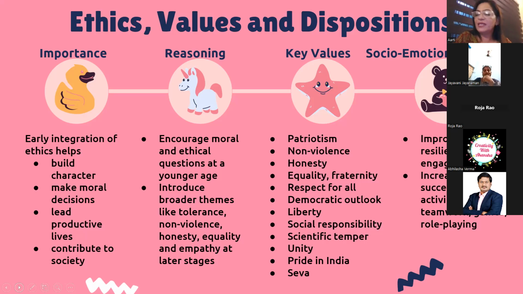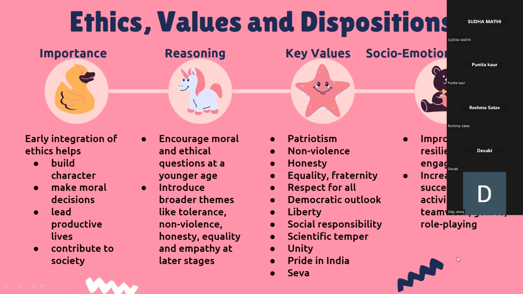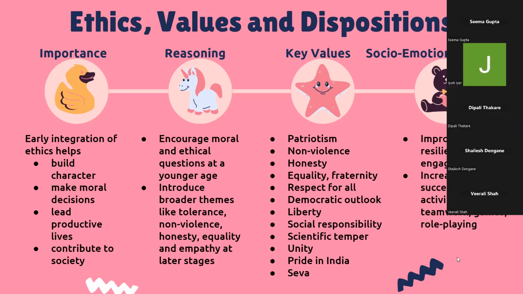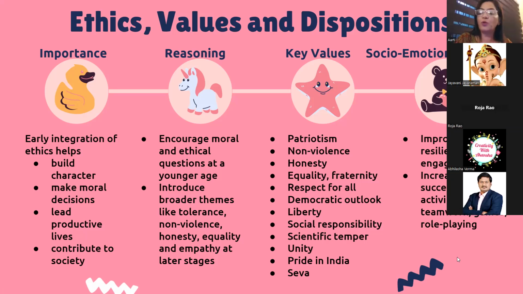So basically, to summarize, embedding ethics, values, and dispositions into the foundational stage of education is crucial, not only for developing children, it is good for our future citizens. We need to help students grow into responsible, empathetic, socially conscious adults who will be able to contribute positively to society. And that's all for this chapter.